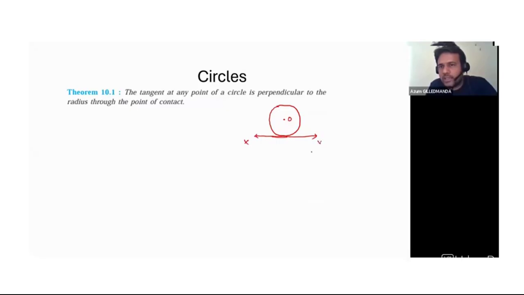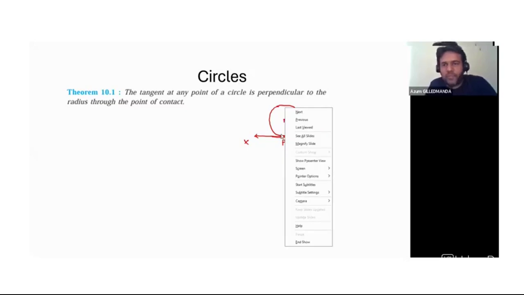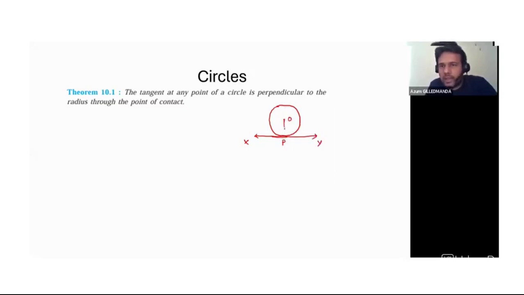So this is X and Y. This is the tangent XY, and it is touching the circle at one point. Let's say that point is E. If I draw a line here, this is OP. Now, what this theorem says is that the tangent at any point of a circle is perpendicular to the radius through the point of contact.